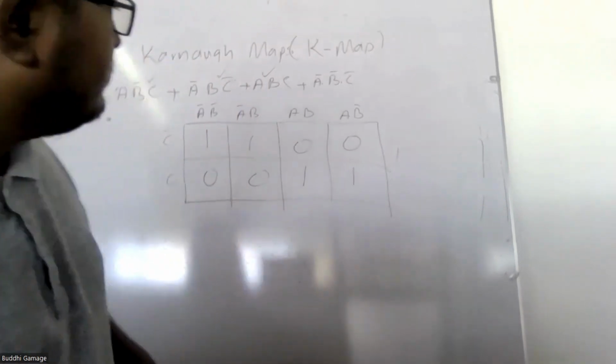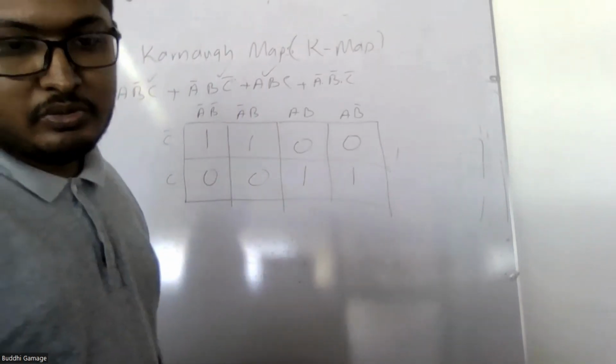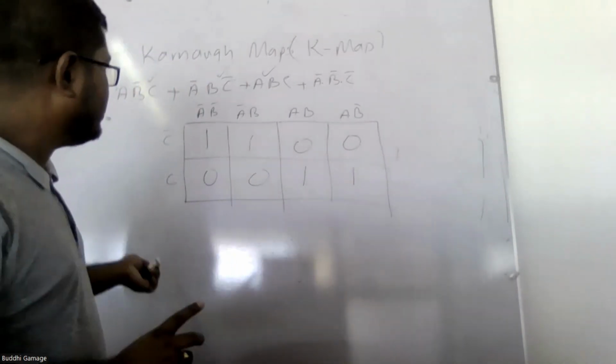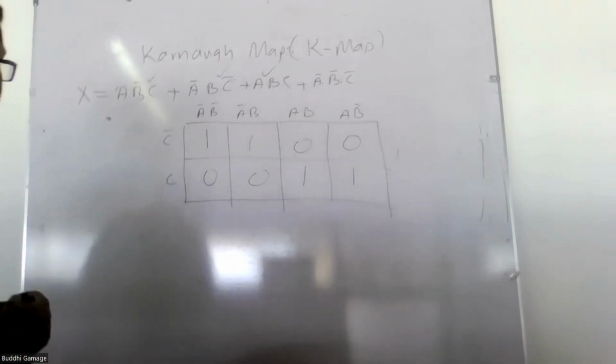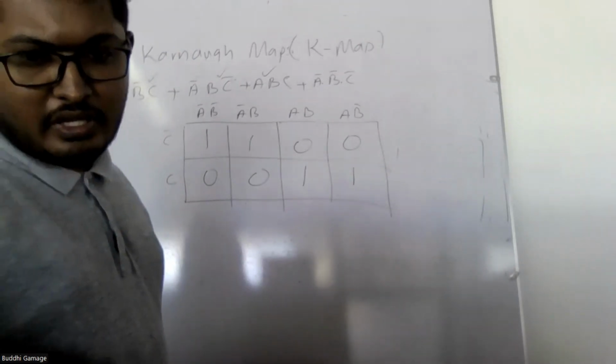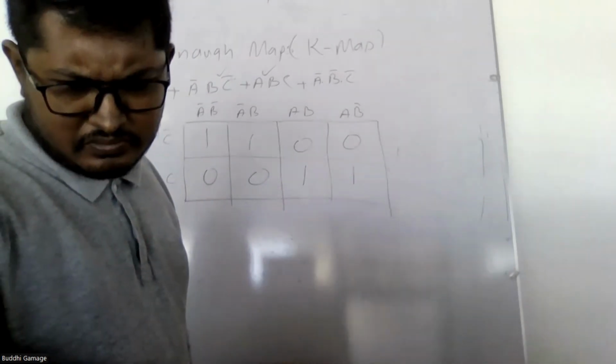Then what you need to do? This is actually the mapping. Then the second option was grouping, so I will explain how to do that.